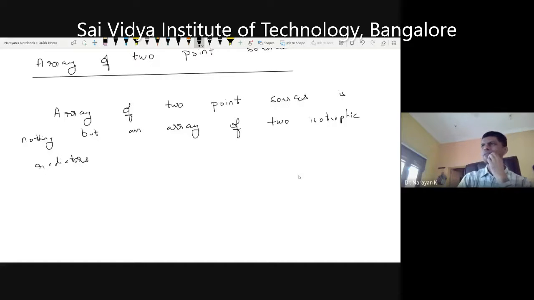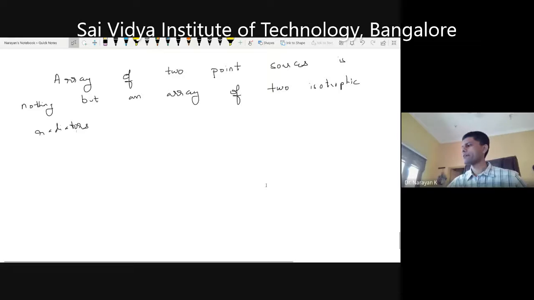An isotropic radiator is nothing but a point source which will radiate with equal intensity in all the directions. That is your definition of an isotropic radiator.